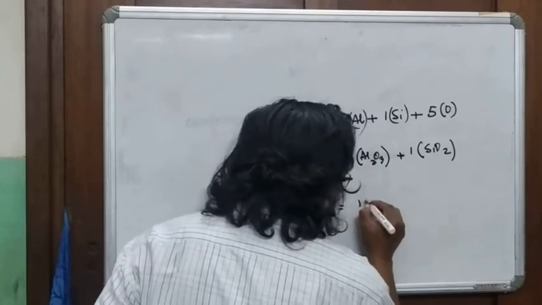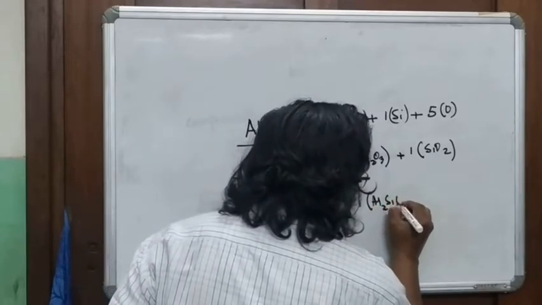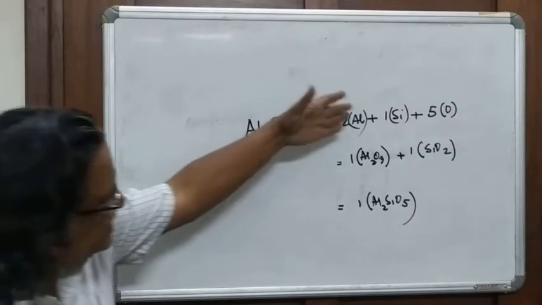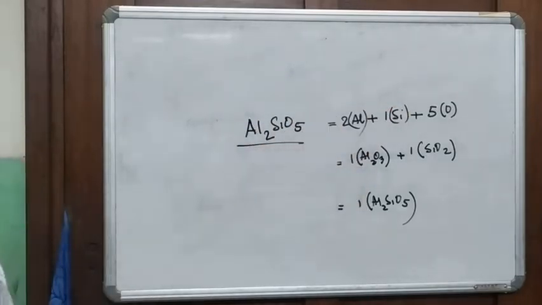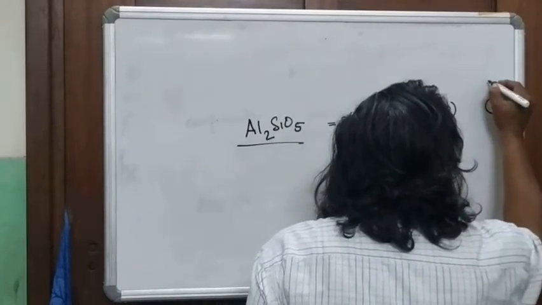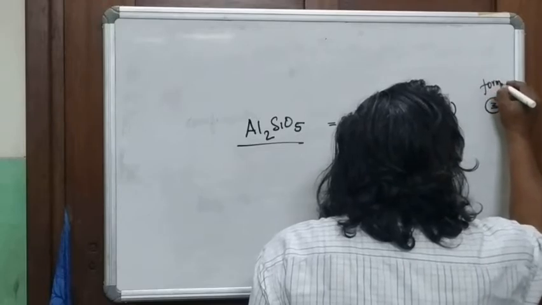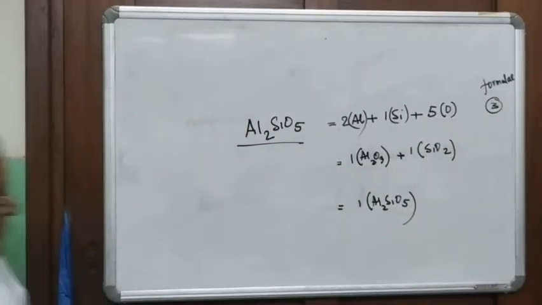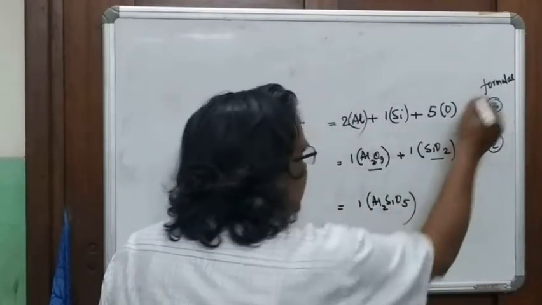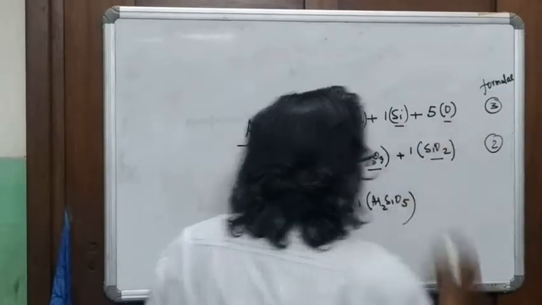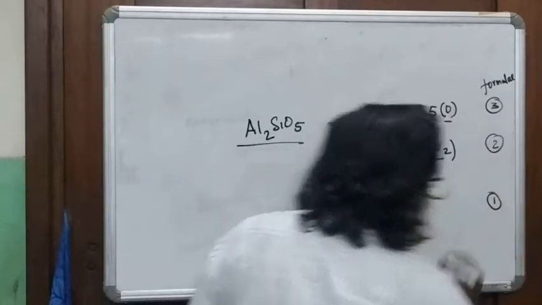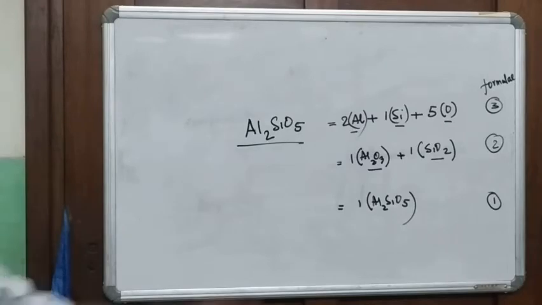Or I can write 1 Al2SiO5. This I can express in three ways. If I write it the first way, I require three formulae. If I do it this way, I need two formulae, SiO2 and Al2O3. And here if I take Al2SiO5, then I take one formula. 3, 2, 1.